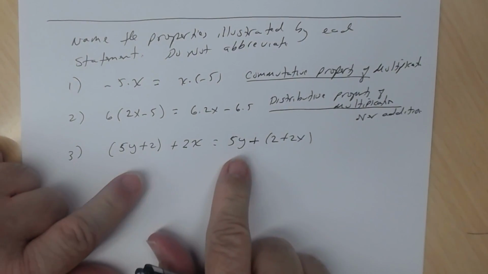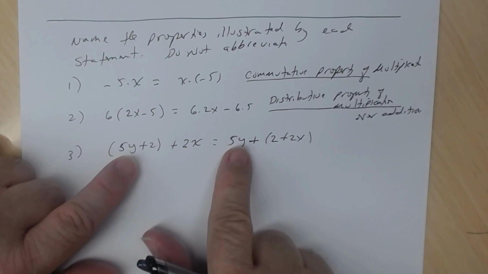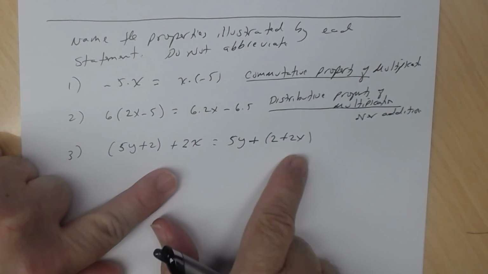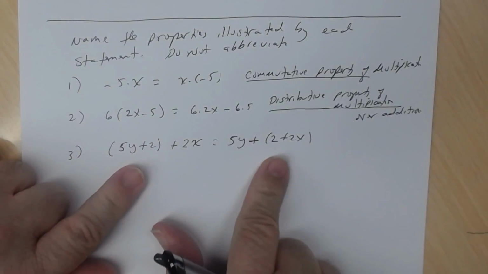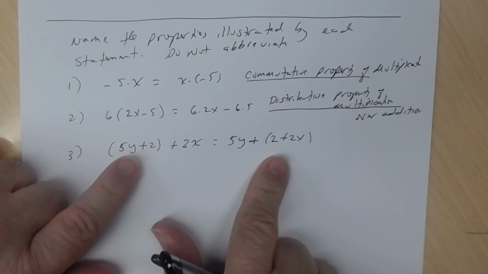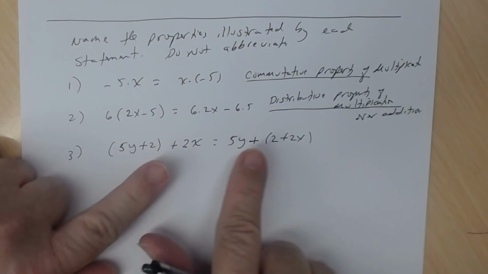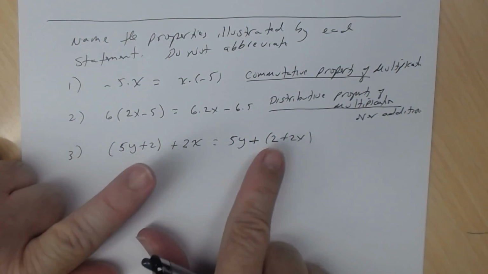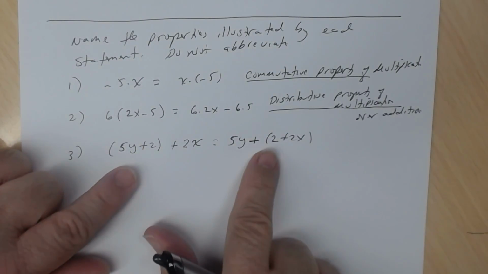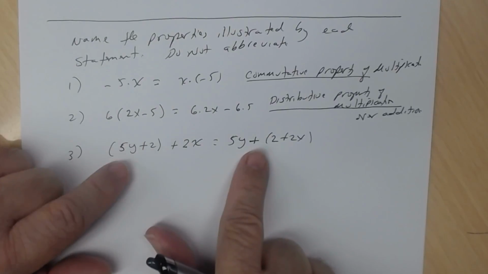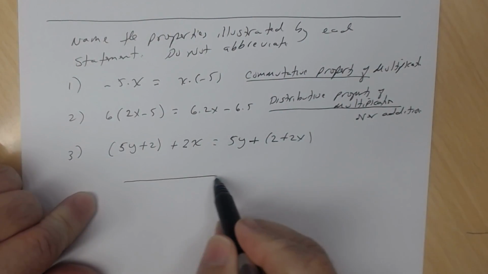Notice that the terms are in the same order. You see it? 5y, 2, 2x. But I'm grouping different things. Here I'm grouping the first two, here I'm grouping the last two. So remember, you're going to use the idea of association. So that's called the associative property of, and the operation here is addition, so the associative property of addition.